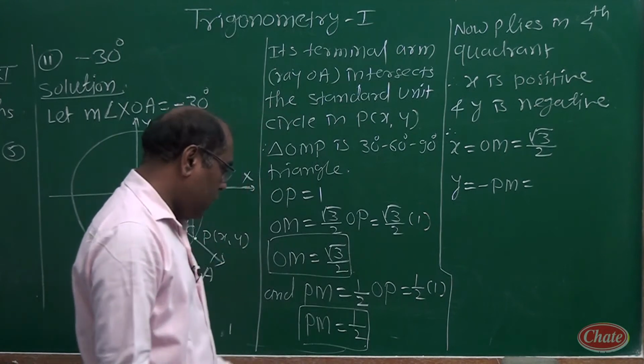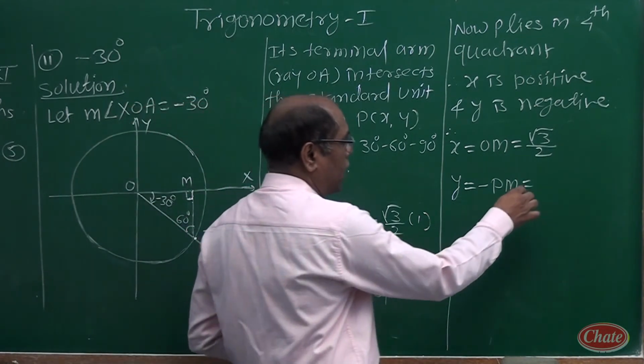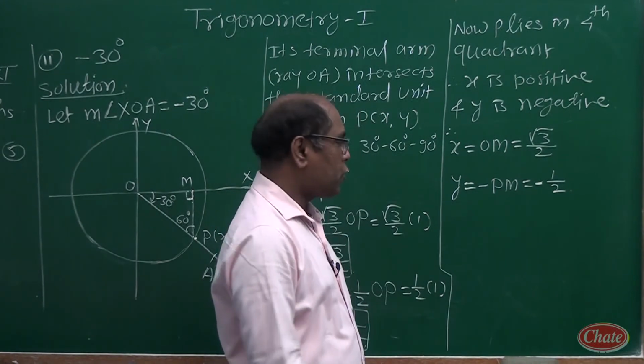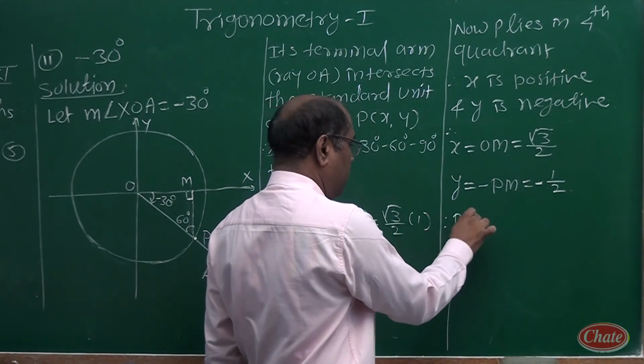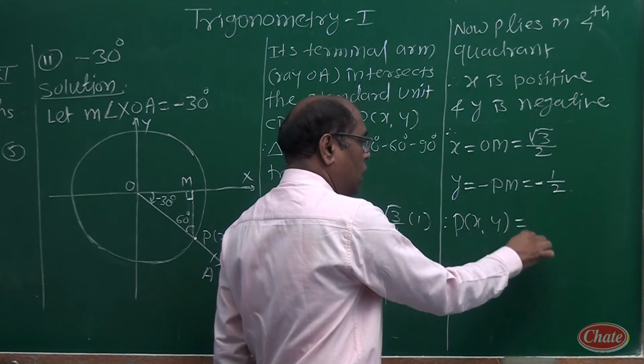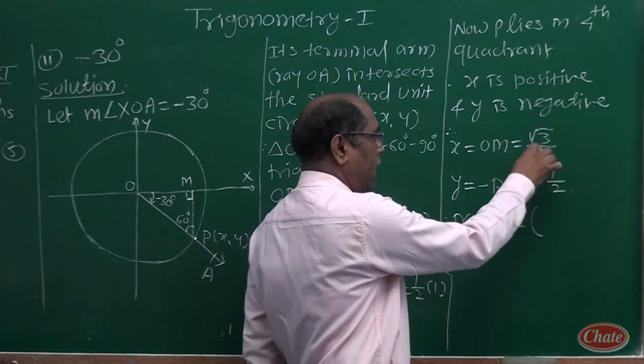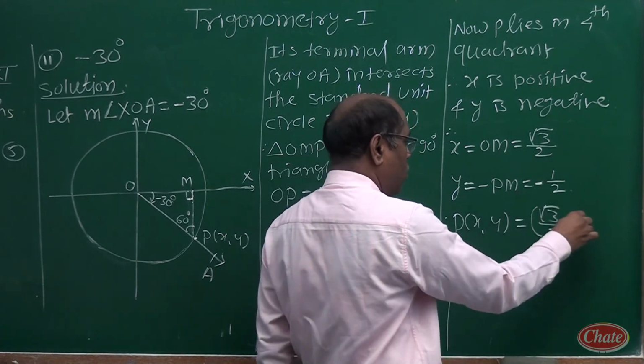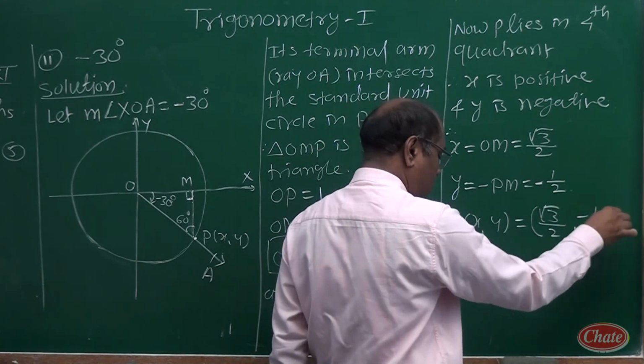So what is the value of PM? 1 by 2. So that is equal to minus 1 by 2. And therefore the point P (x, y): the x coordinate is root 3 by 2 and the y coordinate is minus 1 by 2.